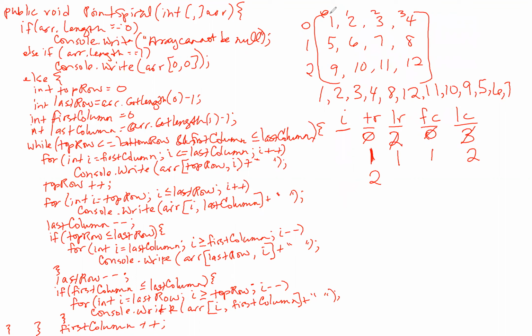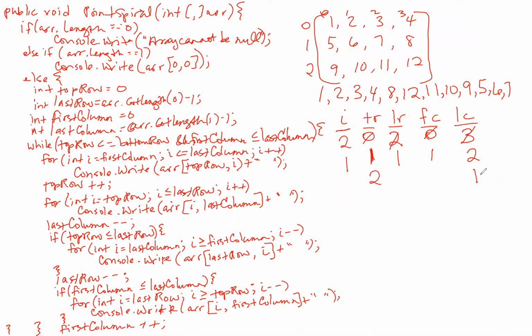I equals top row, and top row is 2. I is less than or equal to the last row, which is 1. This condition does not work, so we don't go into this for loop at all. So we move on, and we go ahead and do last column minus minus, so that becomes 1.